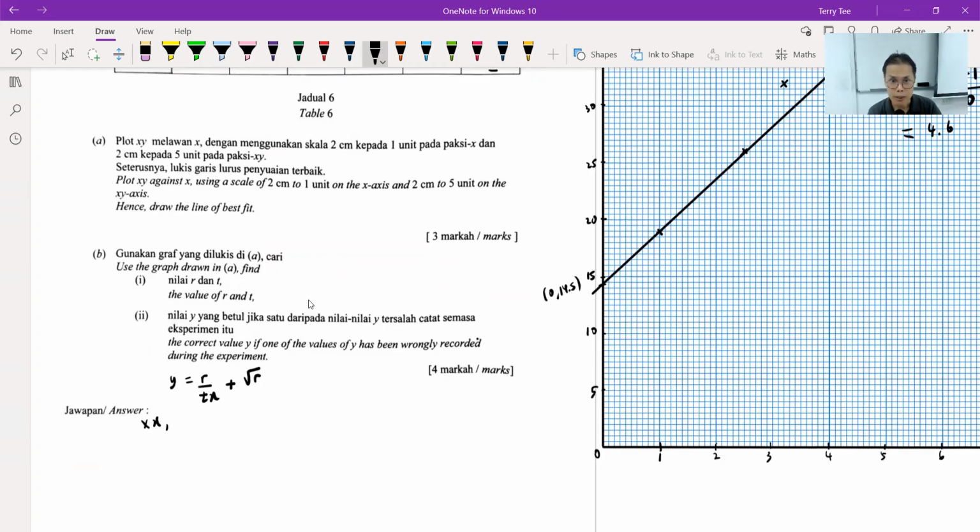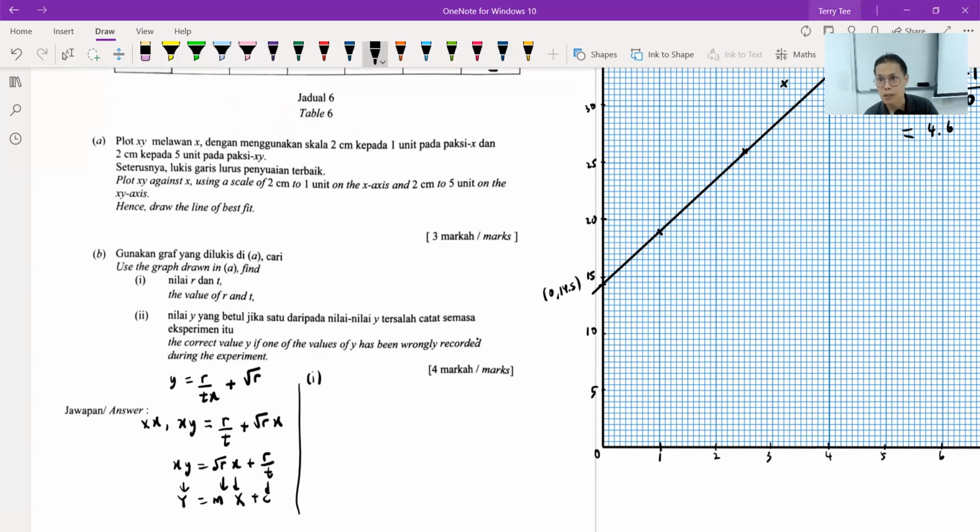So when I multiply by x, this will be xy equals r over t plus square root r times x. The r over t I put at the back, the square root r x I put in front. So you can see that this is your big y, this is your gradient, this is your x, and your c. So what I need to do is compare the gradient from my graph and the gradient from my equation.